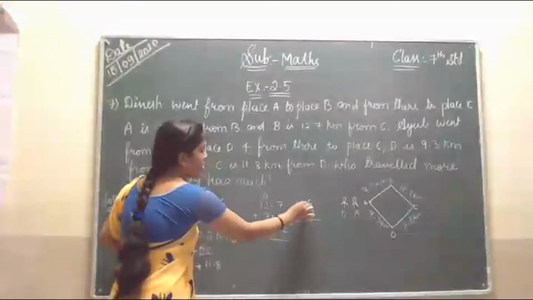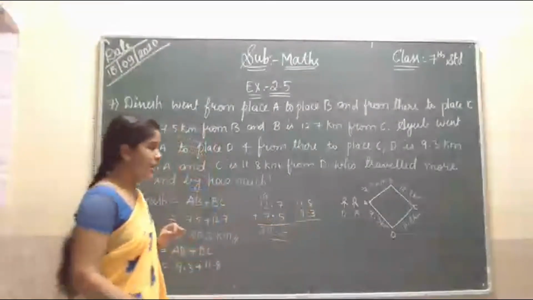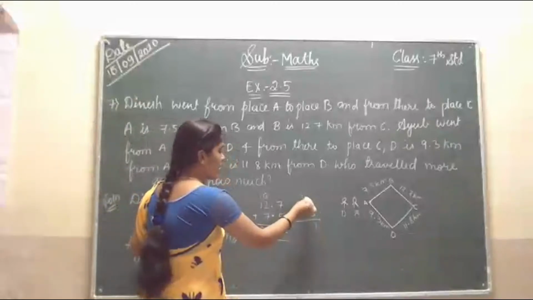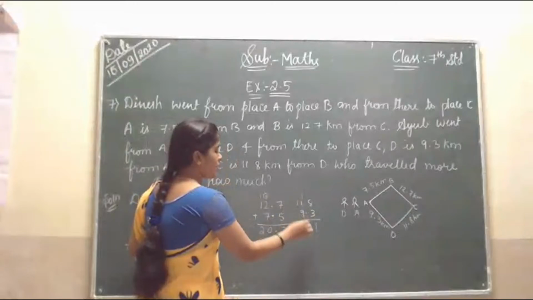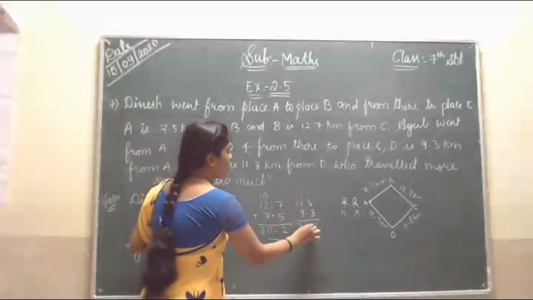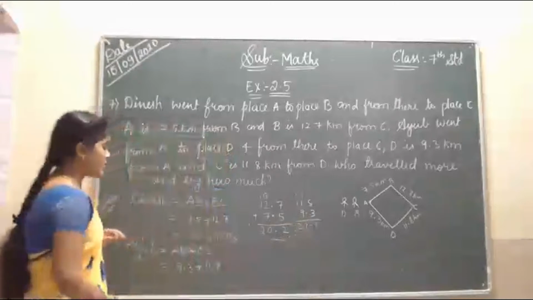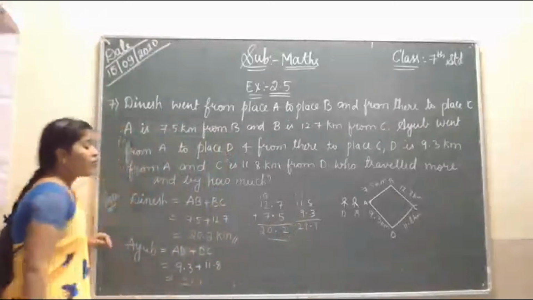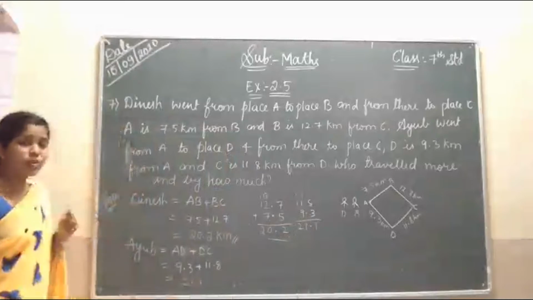We have to add like this. Decimal places at the same position. 3 plus 8 is 11, 1 carry, 9 plus 1 is 10, plus 1 is 11, 1 carry, 21.1. After one decimal digit, you have to write. So here 21.1. What are we observing here? Who traveled more?